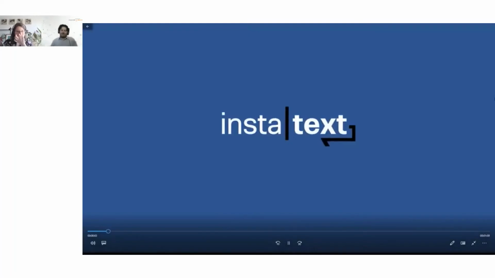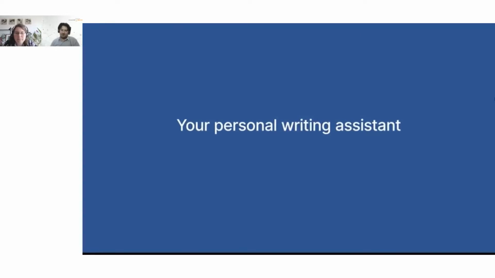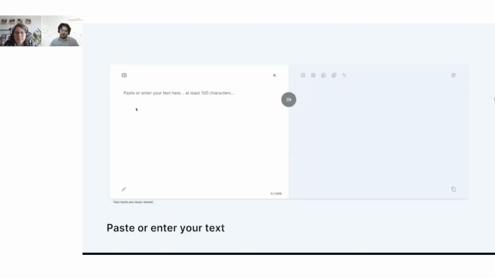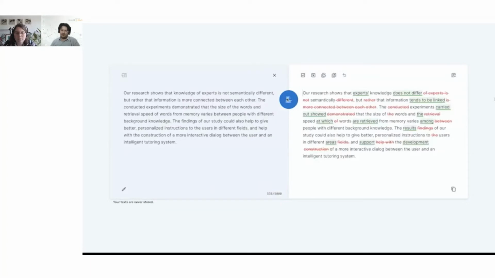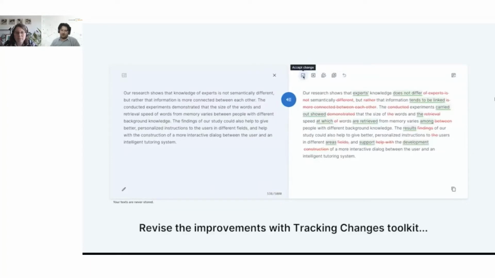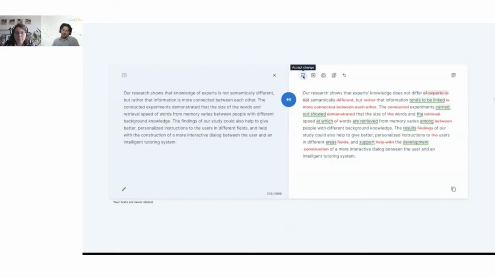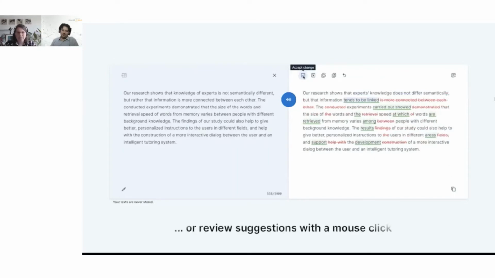Welcome to InstaText, your personal writing assistant. It will help you write better English in no time. Just paste or enter your text into the left field and send for improvement. You can revise all improvements with the Tracking Changes Toolkit. Or review suggestions with a mouse click.